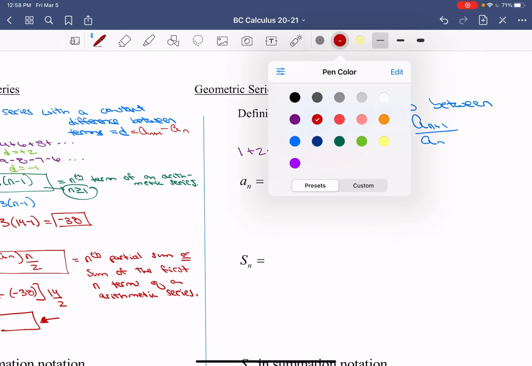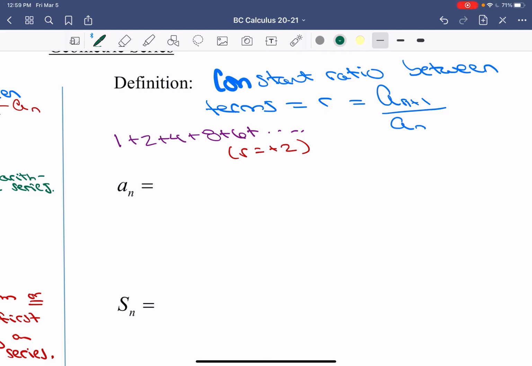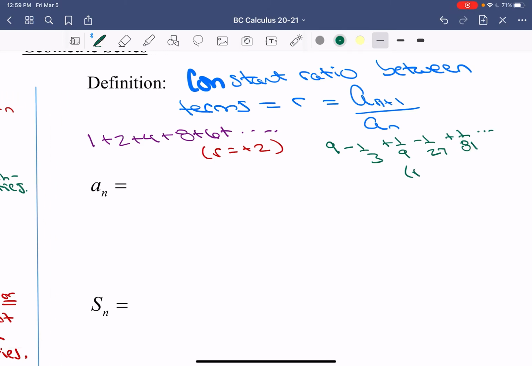Another example of a geometric series would be 9 minus 3 plus 1 minus 1/3 plus 1/9 minus 1/27 plus 1/81, and so on. Here, the constant ratio is negative 1/3. Okay, negative 1/3 is the constant ratio.